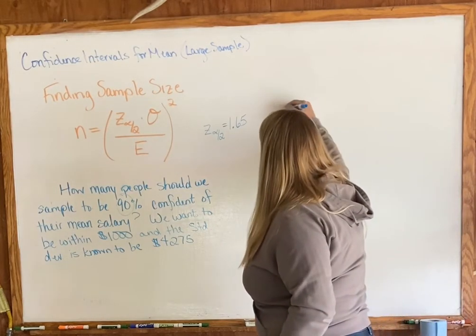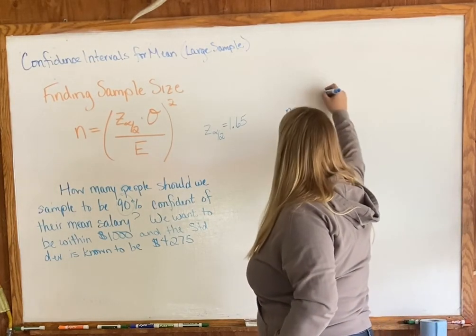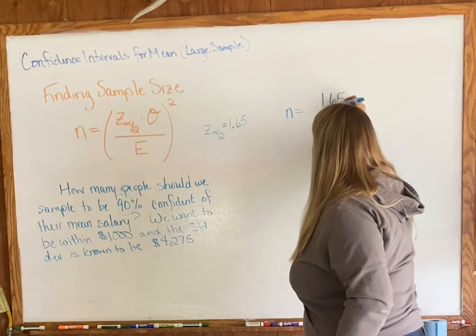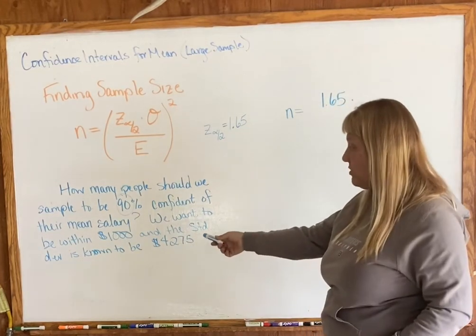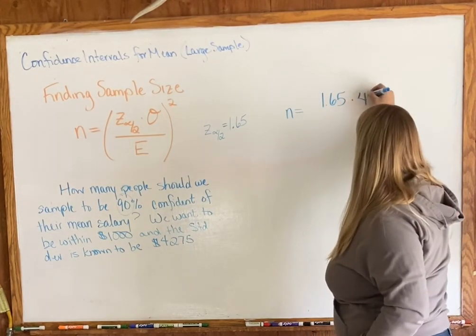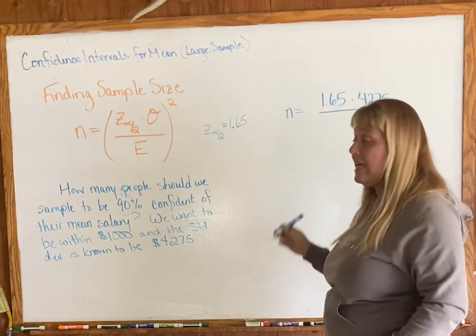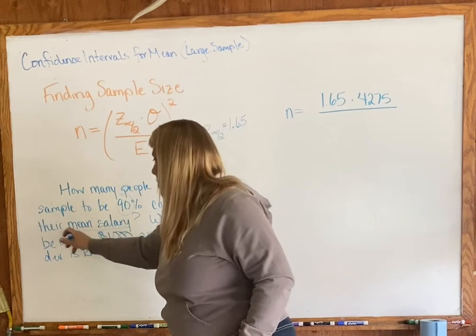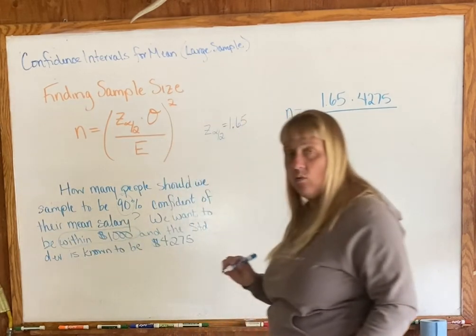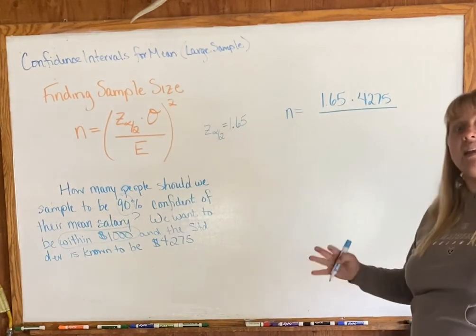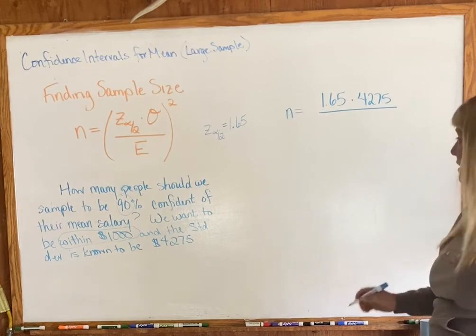Okay, so we're gonna start with n equals 1.65 times the standard deviation, which is 4,275, and then divided by E. Now, E is that margin of error, so that tells us the within. They're allowing us to be within $1,000, give us a leeway.